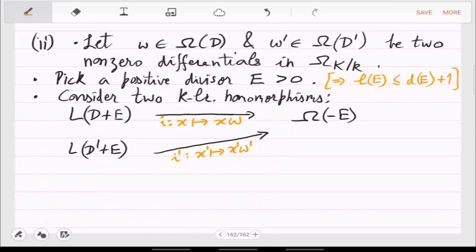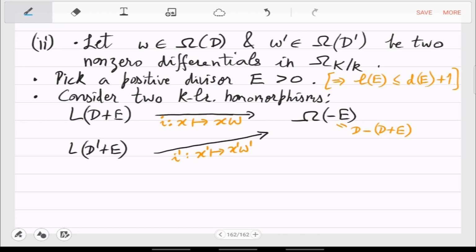So that will be D minus E. And same thing with the second one. So you can map functions to this differential. We are doing this because we want to compare omega with omega prime up to functions. So this map, this picture will help.